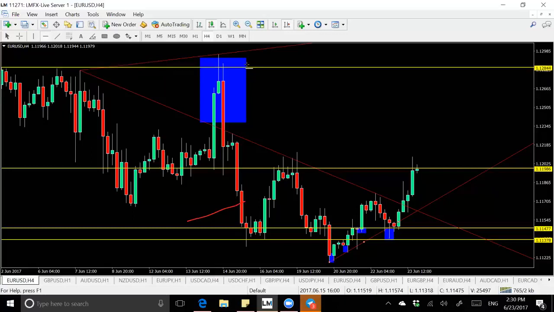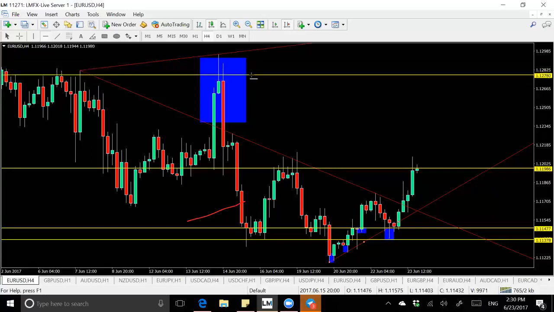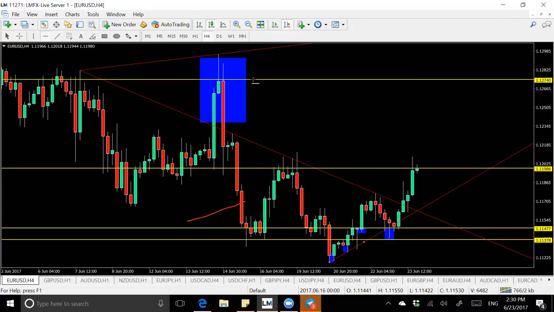Okay, so that's a trend line. Or I could go like, that's a trend line. Or that's a trend line. 1, 2, 3.